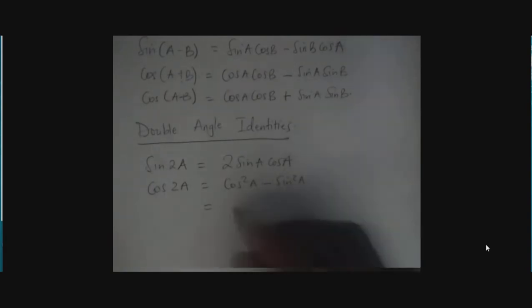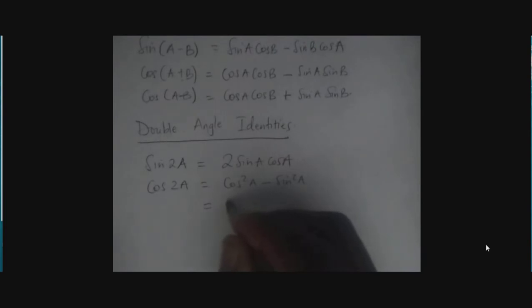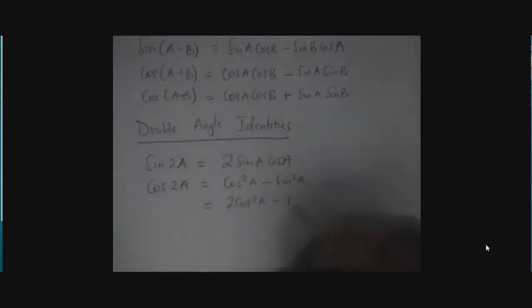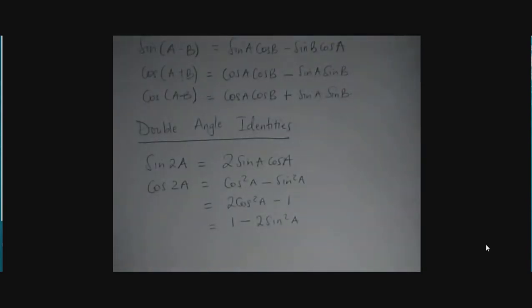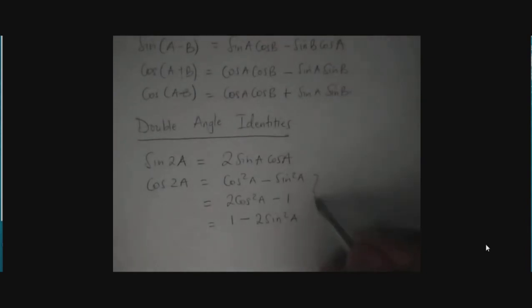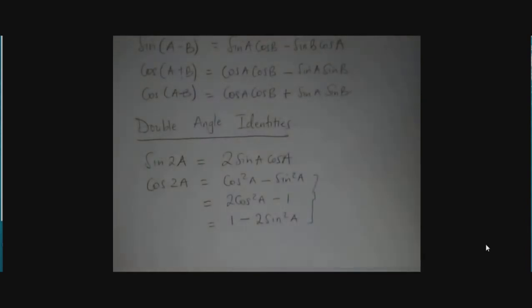And then this is equals to 2 cos squared A minus 1. It's also equals to 1 minus 2 sine squared A. Okay, so these are the 3 identities for cos, for the double angle identity.